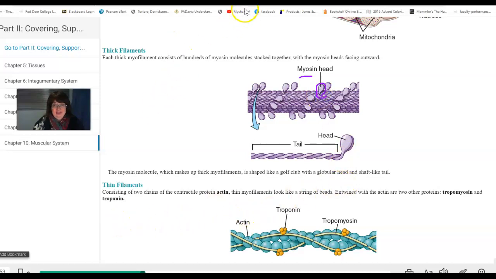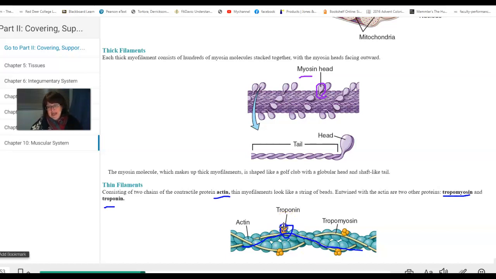Then the thin filaments are actin. But the actin has a couple of components with it. You've got tropomyosin and troponin. Now, the tropomyosin is this rope-like protein which blocks the sites where the myosin will normally bond.